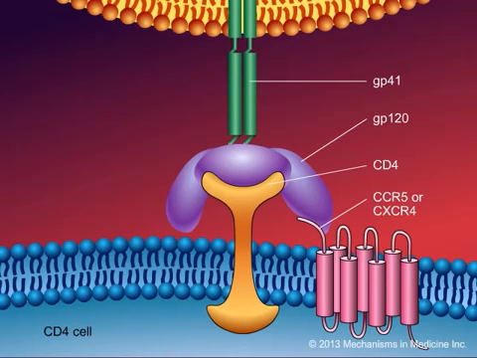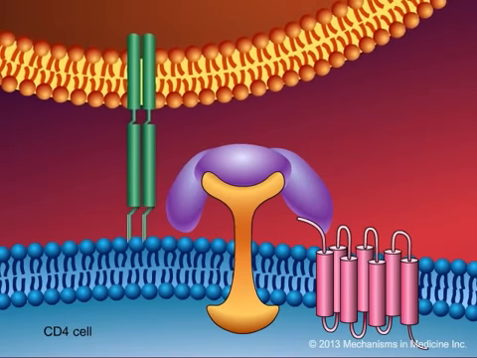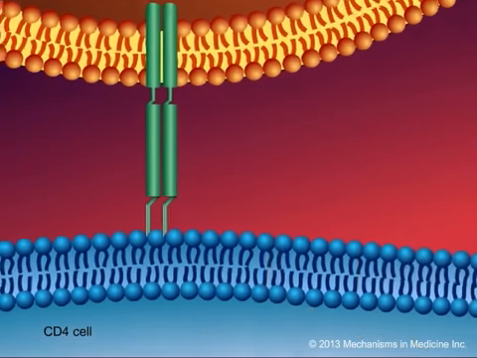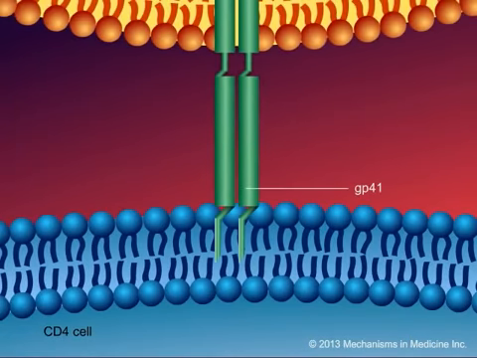And this binding event that involves GP120 to CD4 actually changes the shape of the GP120, and now this results in the exposure of a portion of the transmembrane glycoprotein GP41. And so GP41 is important in bringing the HIV virus much closer to the target cell, resulting ultimately in the fusion of the viral envelope together with the fusion of the cell membrane, and this then is essential in viral entry.